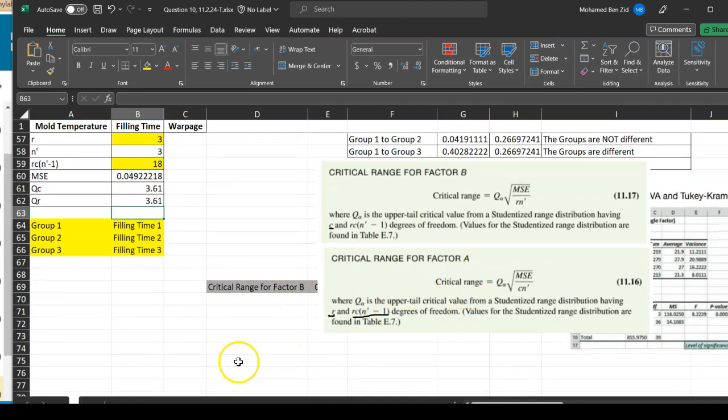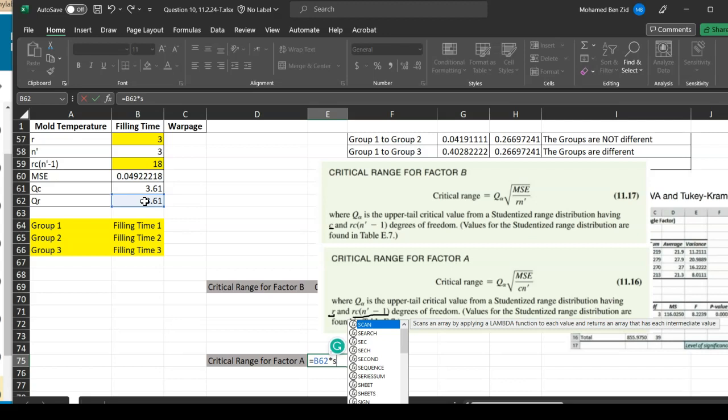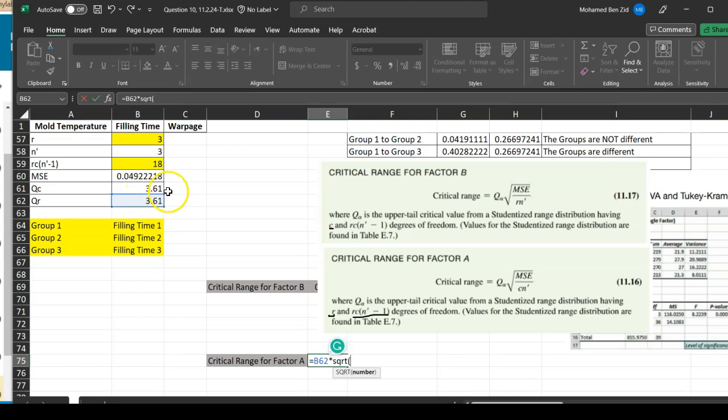Now we can plug it into the formula. So we're going to change here from factor B to factor A, and the formula is equals, I'm going to select the Q for the rows, which is that one. I'm going to multiply it by the square root, SQRT, open parentheses, and then I'm going to select MSE, so this is the value of MSE, and then divide it, open a parentheses, C times n prime.